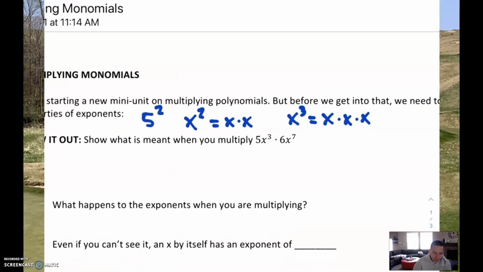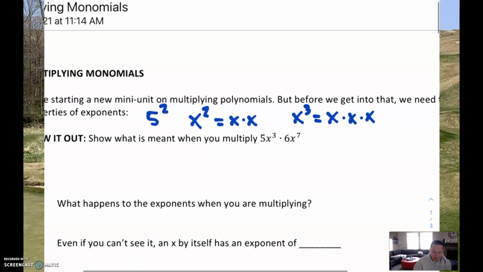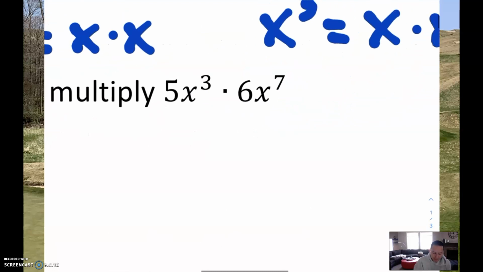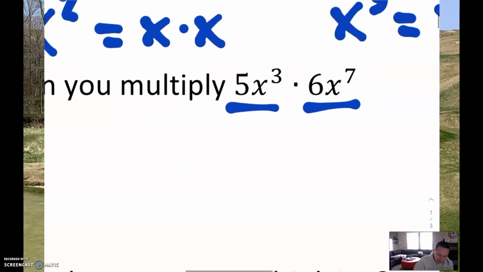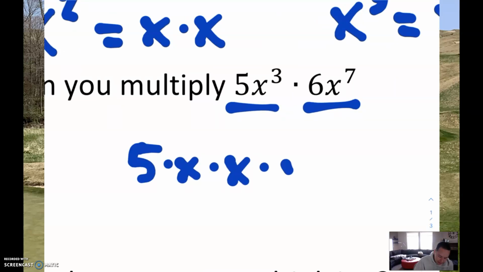Knowing this, let's draw what is meant when we are multiplying 5x cubed, 5x to the 3rd power, times 6x to the 7th power. So we're going to draw it all out, and then we're going to come up with some shortcuts. So 5x cubed, what that means is 5 times x times x times x.